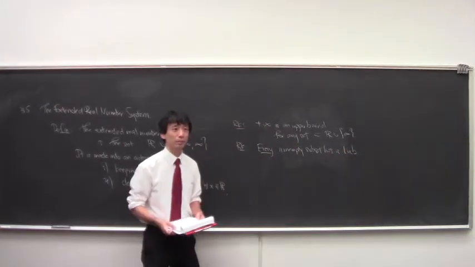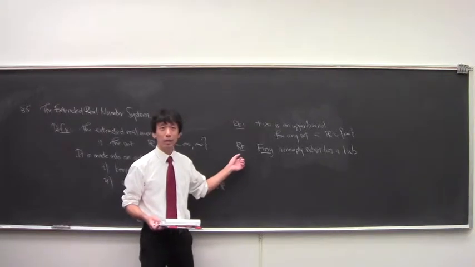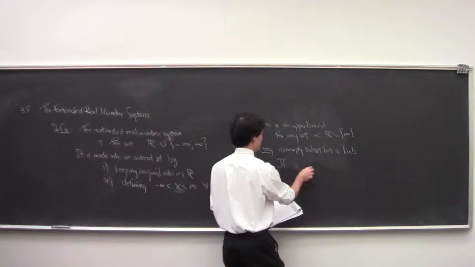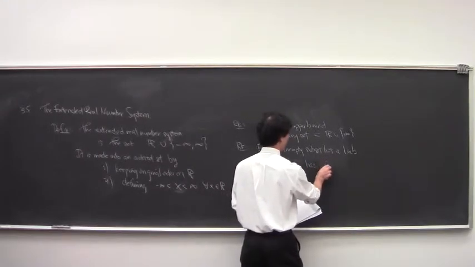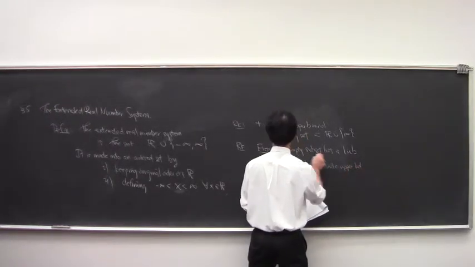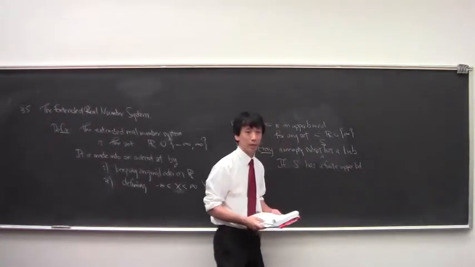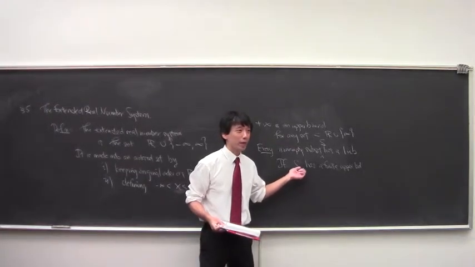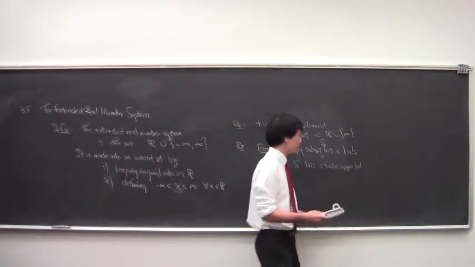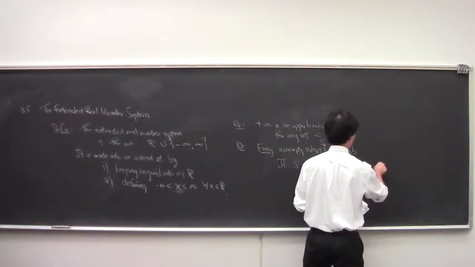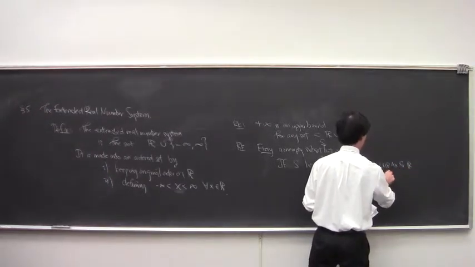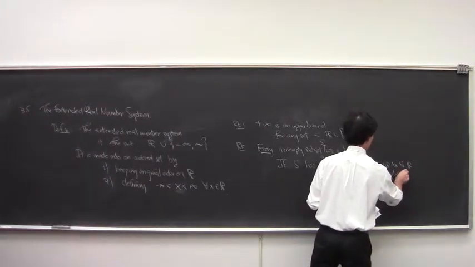If S has a finite upper bound, then the least upper bound axiom for R implies there exists a least upper bound.